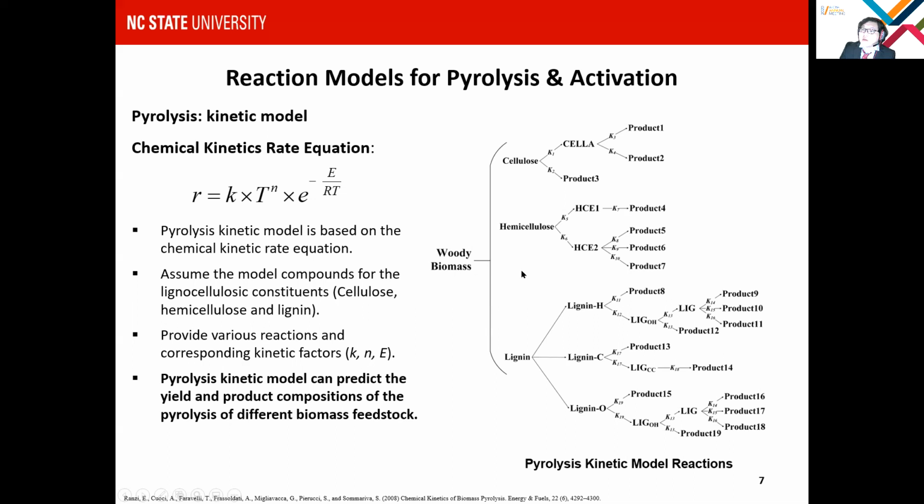A larger amount of reactions is established, along with the kinetic parameters of these reactions. So if we just need to know the K, N, and E for each of these reactions, then we can predict the detailed yield and the composition of the pyrolysis process.